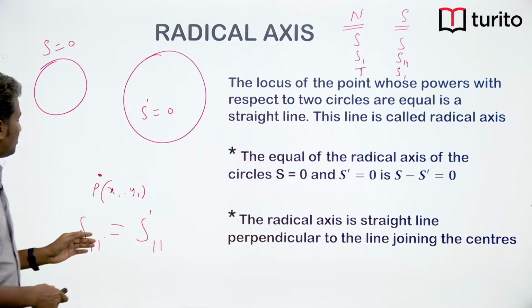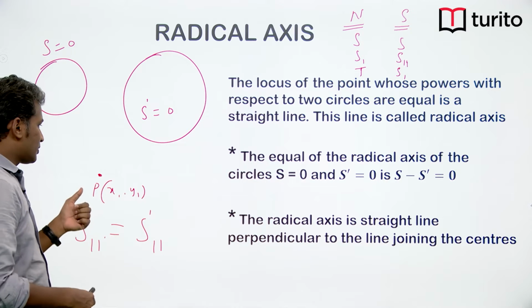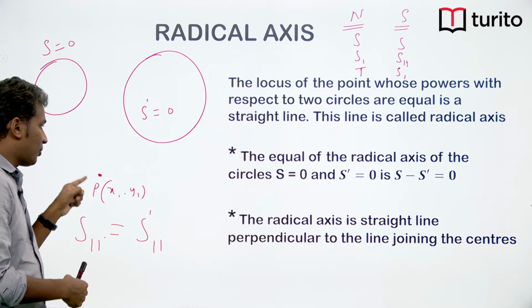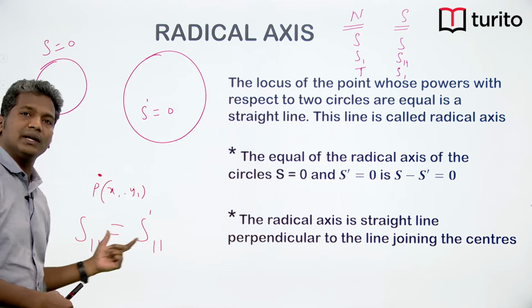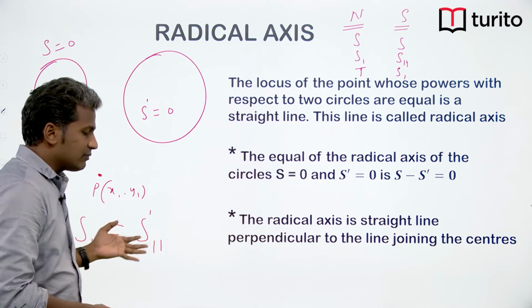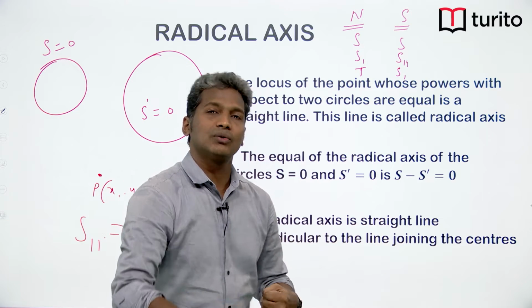So, here the power of a point with respect to two circles must be equal. That means this equation will give us the equation of the locus.